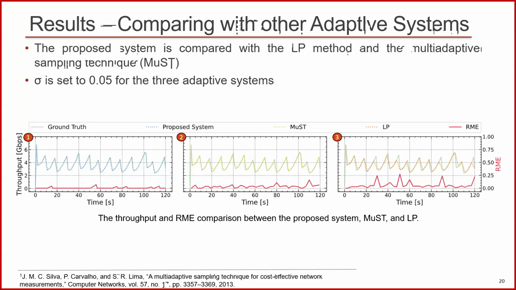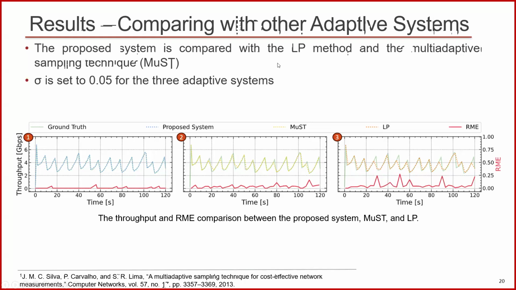The approach we propose, and LP, only adjust the reporting rate, and depending on delta T current, will be reporting the next measurement. However, MAST adjusts both the number of samples and the duration, the delta T current.